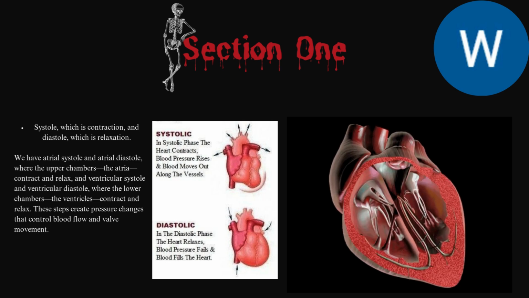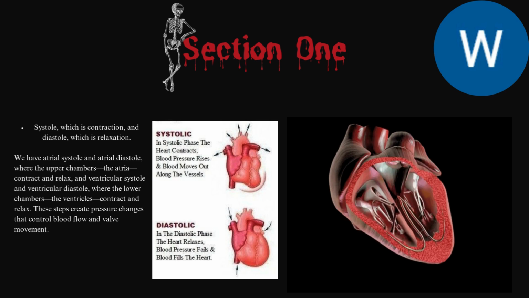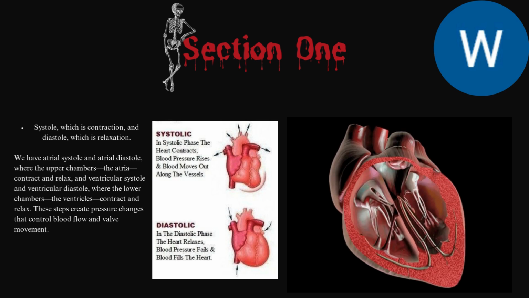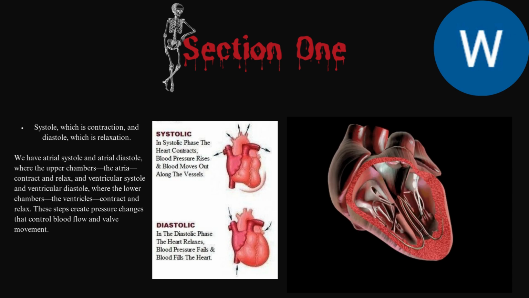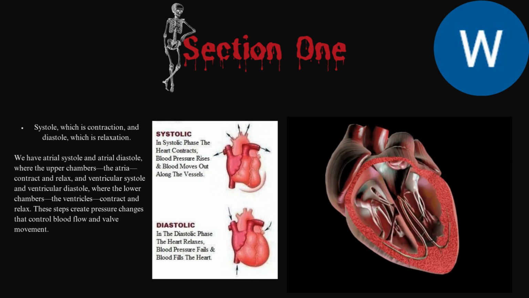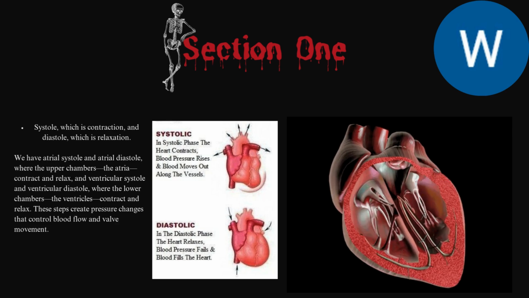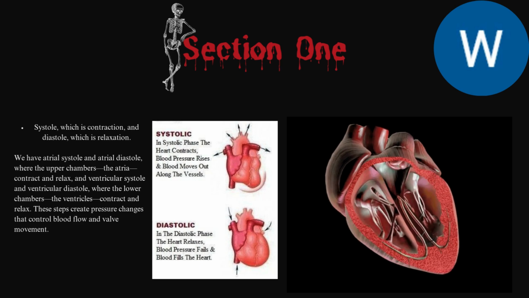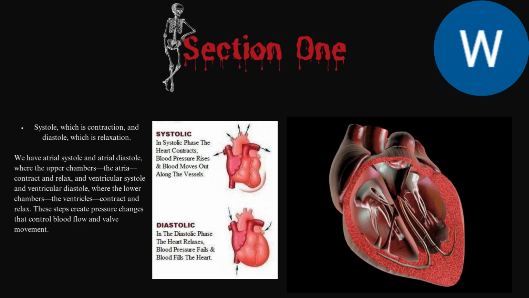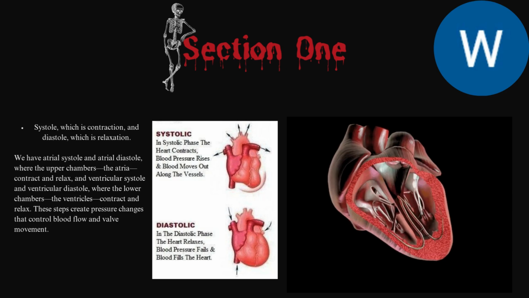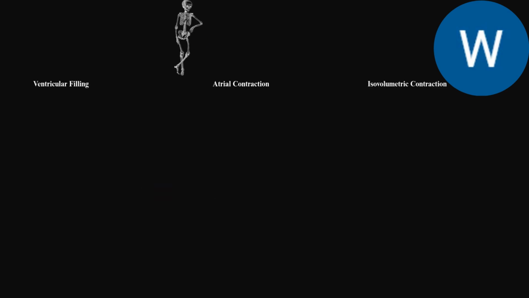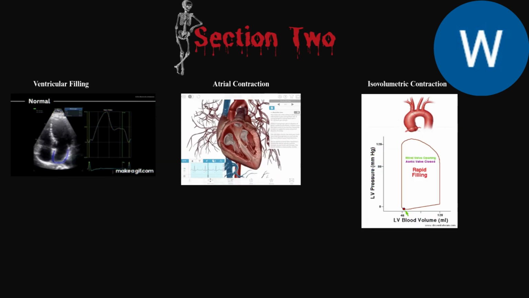And then the ventricular systole and the ventricular diastole, this is where the lower chambers, as you can see, these two open ones here, are contracting and relaxing. These steps create pressure changes that control the blood flow and the valve movement, which we'll be speaking about later on in the video. Okay, so for section two, this is going to be in at least 6 phases.